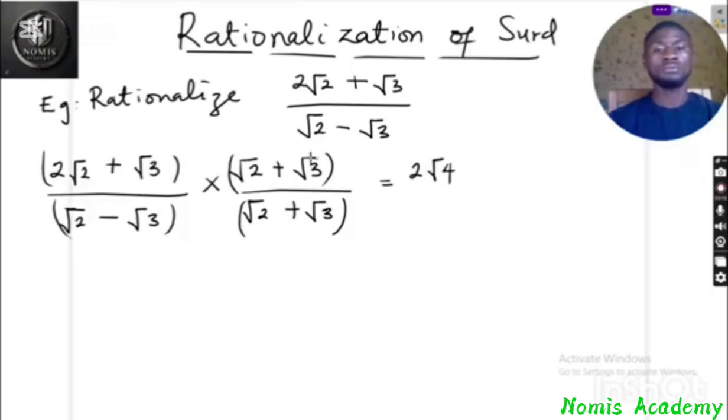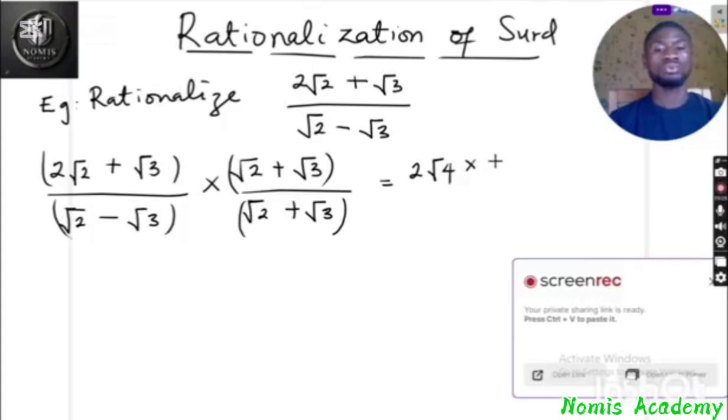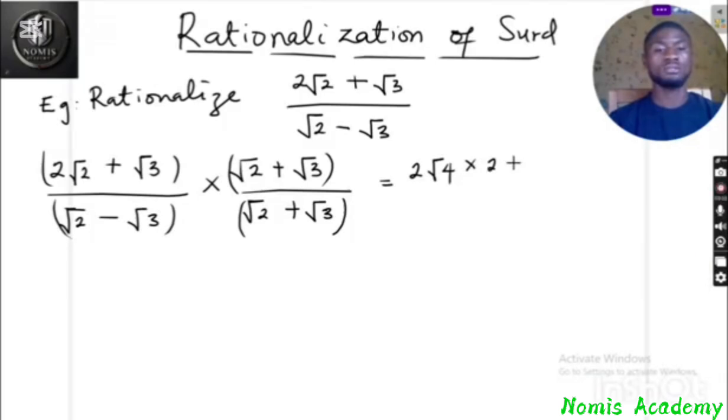So 2 root 2 now multiplied by root 3 will give 2 root 6. Then I take this other side. Root 3 multiplied by root 2 will be root 6. This is a plus, please.